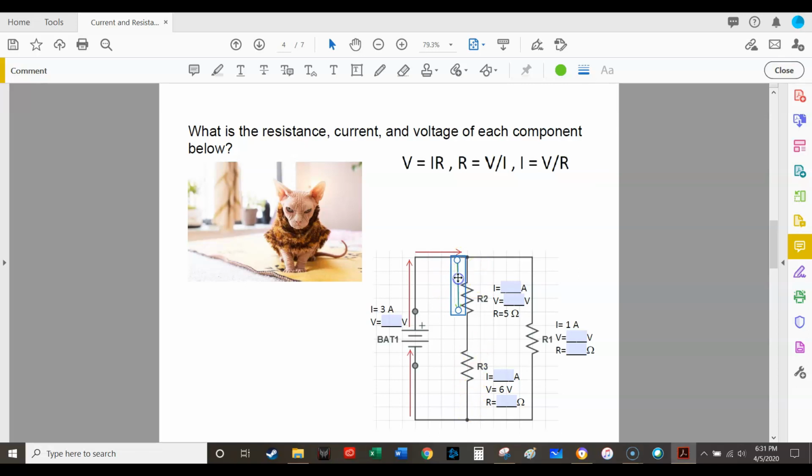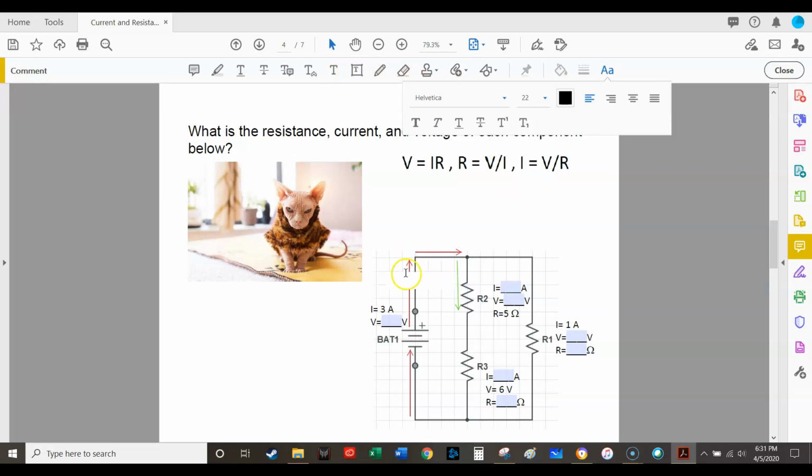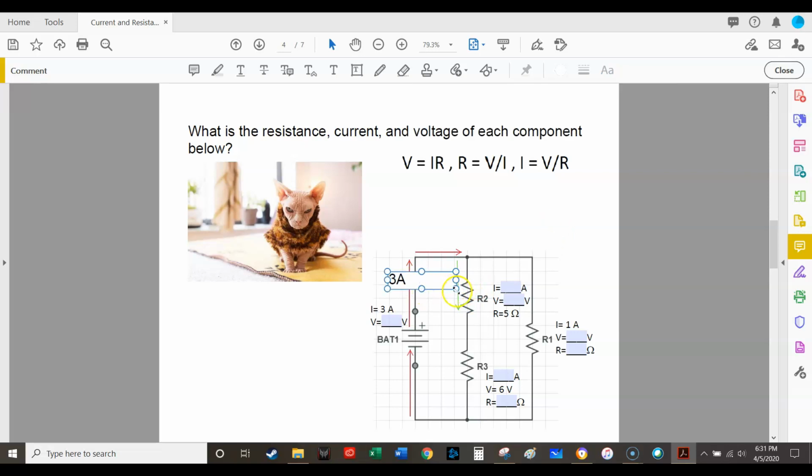So let me put some numbers on this. This is 3 amps. And we know that this is also 3 amps here, and that this 3 amps is coming up, coming over, and coming into this junction.